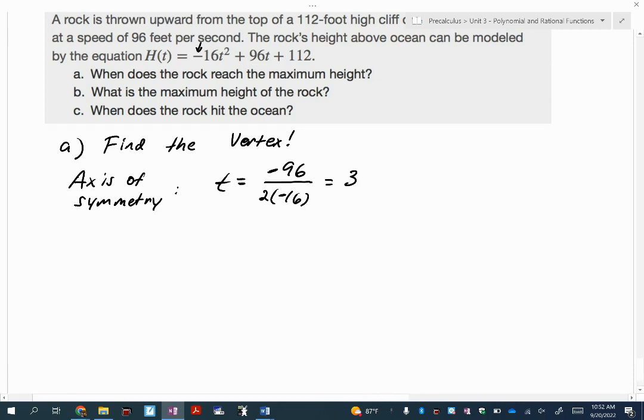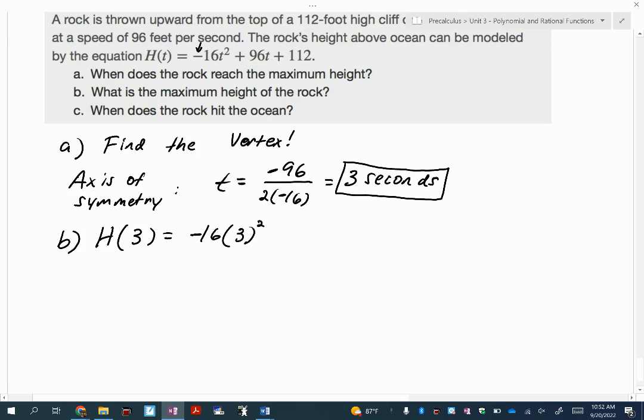All right, so when does the rock reach the maximum height? The answer is 3 seconds. That's when it reaches the maximum height. Now, to find the maximum height that it actually achieves in 3 seconds, we're going to plug that in. So h of 3 is -16 times 3 squared plus 96 times 3 plus 112.